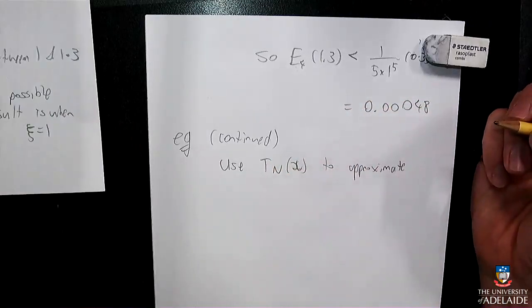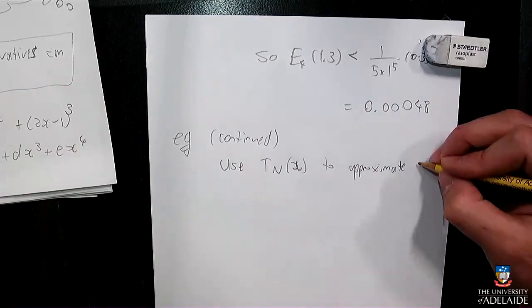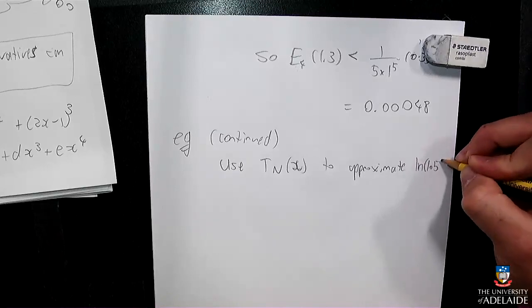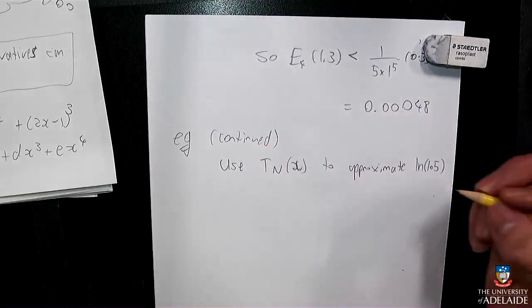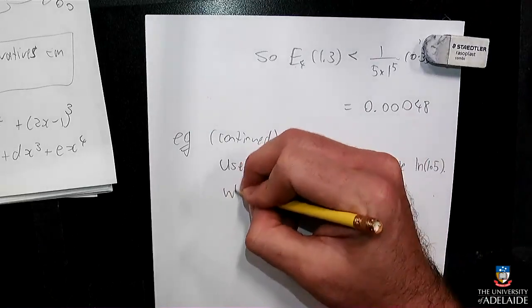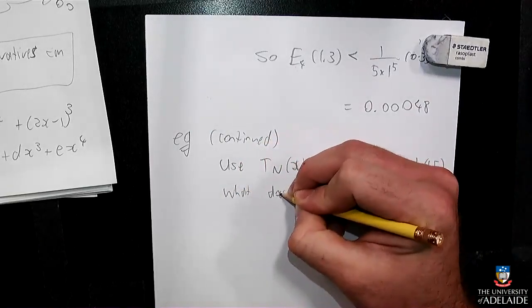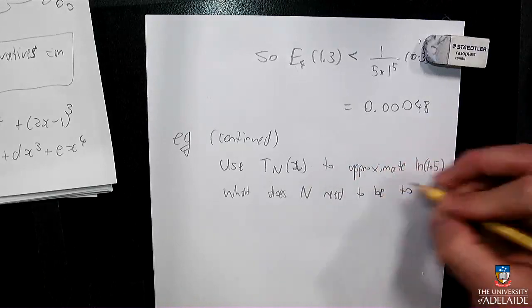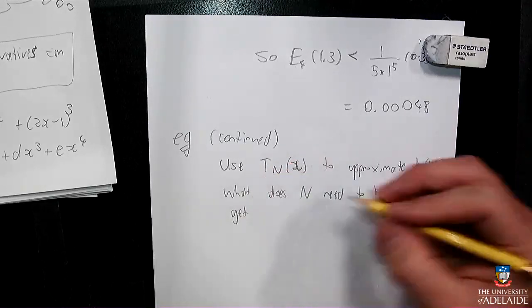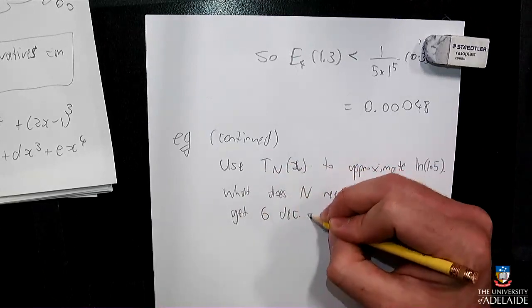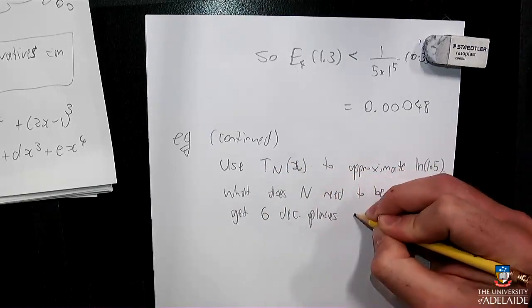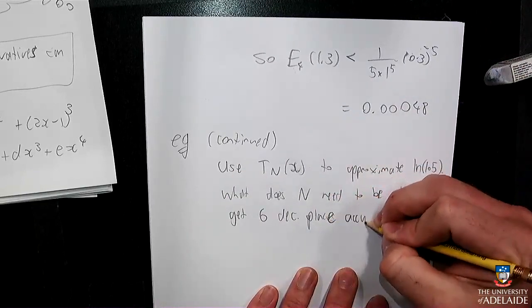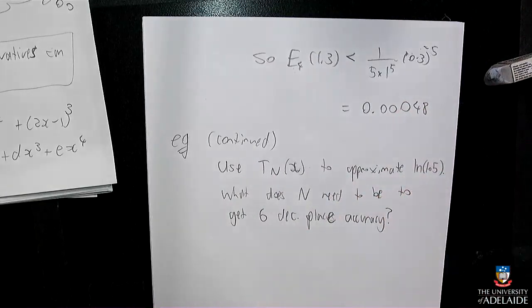What was this function, ln? ln 1.5. What does n need to be to get, I don't know, 6 decimal places of accuracy?